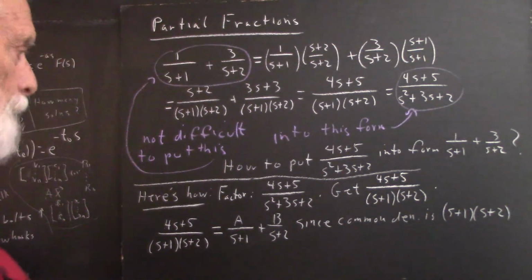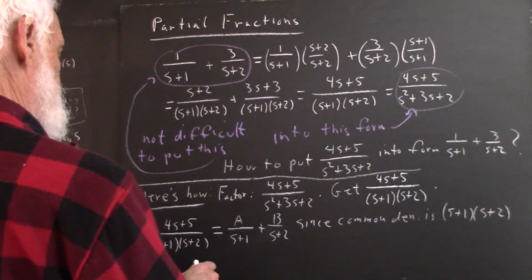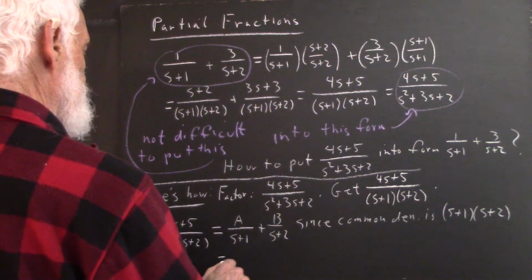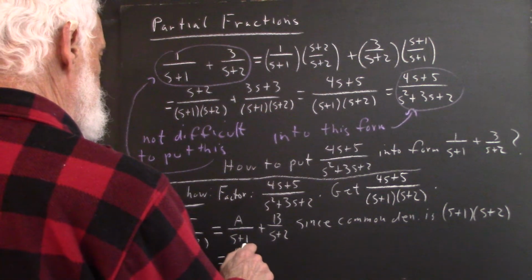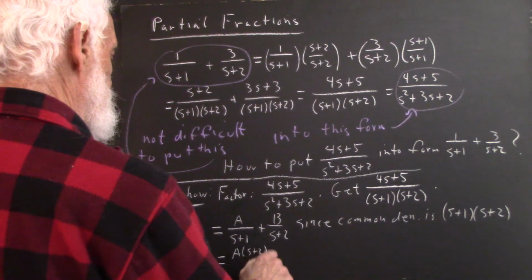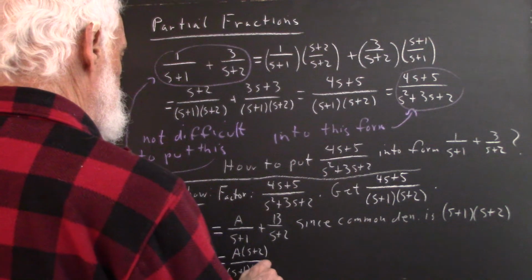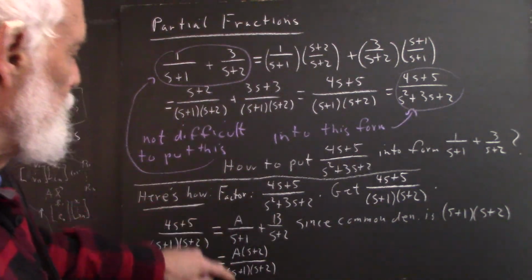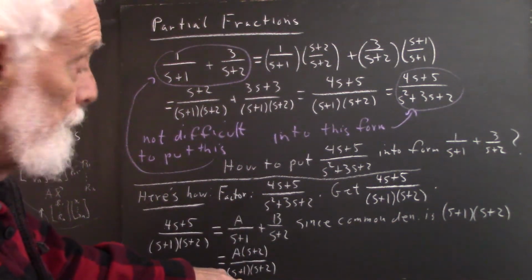Okay, so what we do is we say that this will then equal, first of all, putting this over common denominator, we just multiply by s plus 2 over s plus 2.